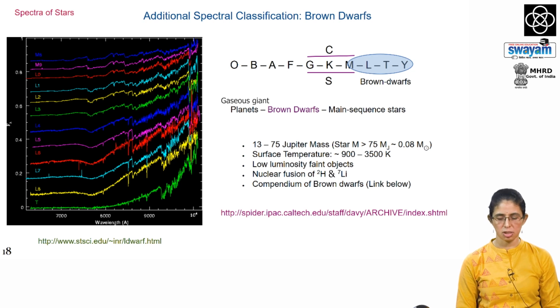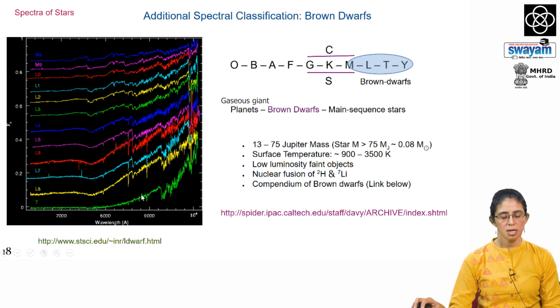Brown dwarfs, as they have lower surface temperatures, are very faint and low luminosity objects, therefore, they are very difficult to detect. Although they do not undergo proton fusion to helium at the cores, there is some amount of nuclear fusion occurring in the interiors, notably the fusion of deuterium and lithium. And the spectra of some late M type, L type and T type brown dwarfs are shown in the left panel.